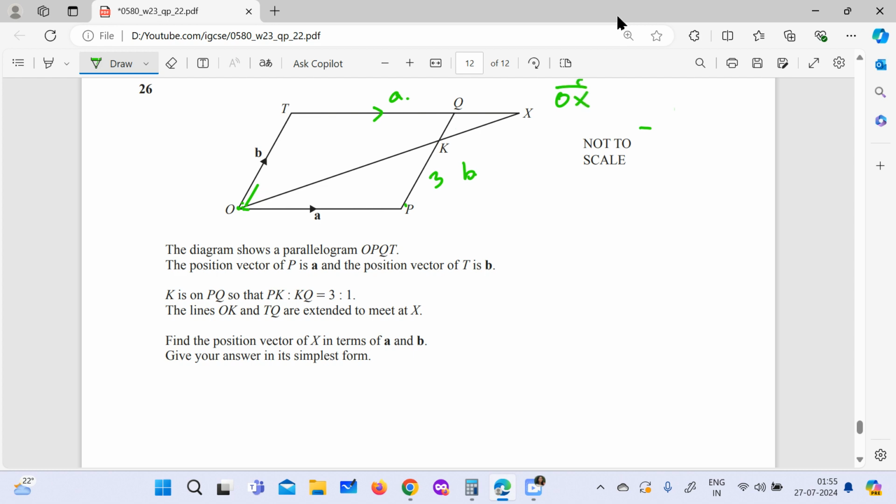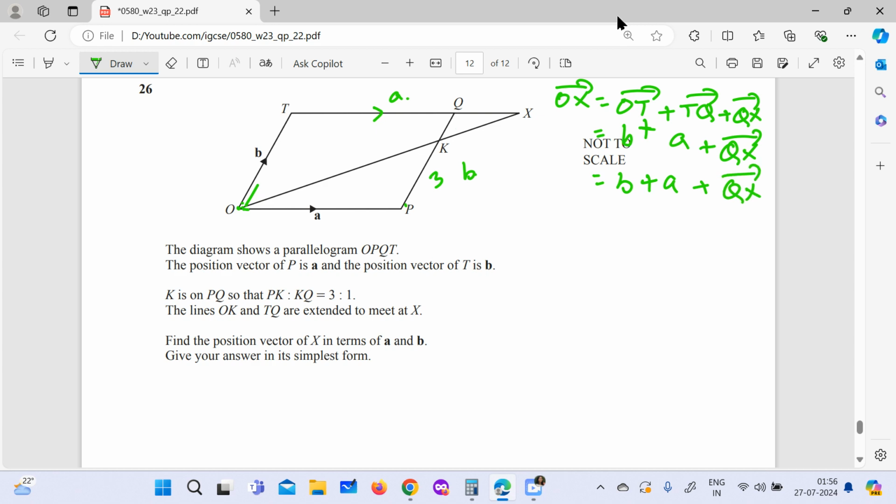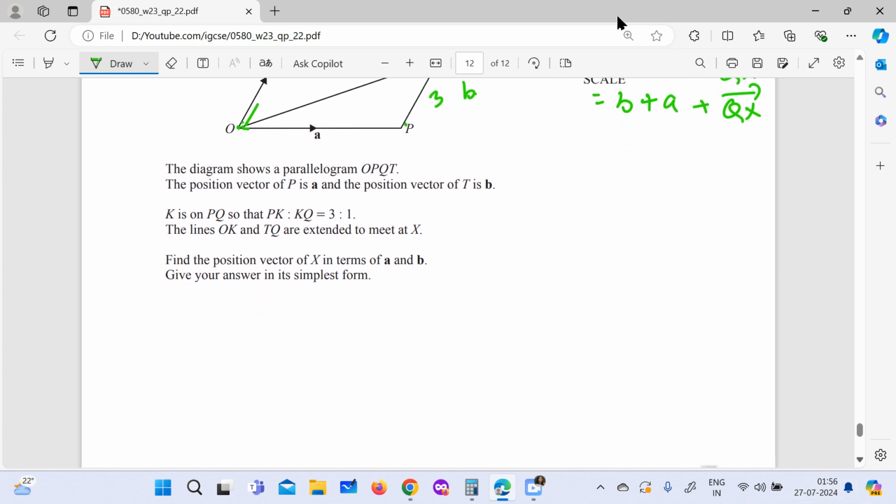So OX is equal to OT plus TQ plus QX. We have the value of OT as B, and the value of TQ is A, and QX we need to figure out. Then you have B plus A plus this. Now let's see how to work on it.